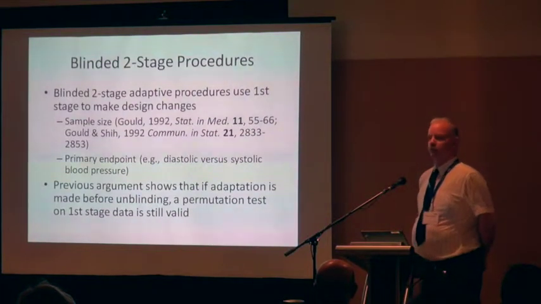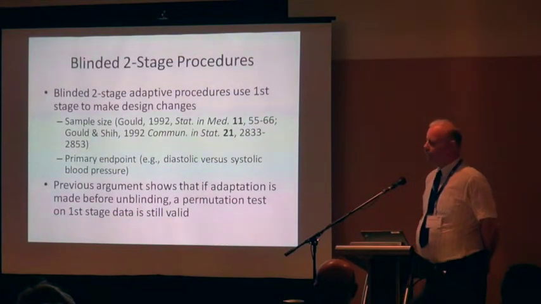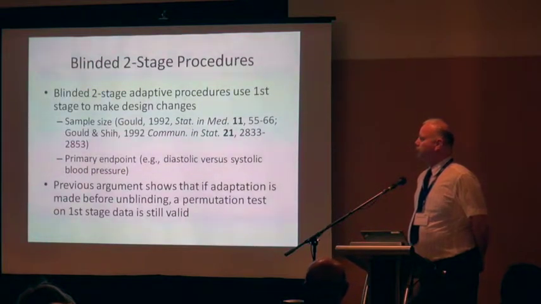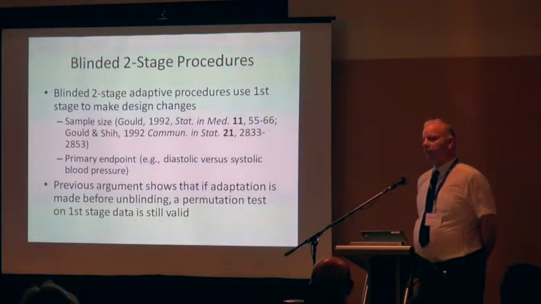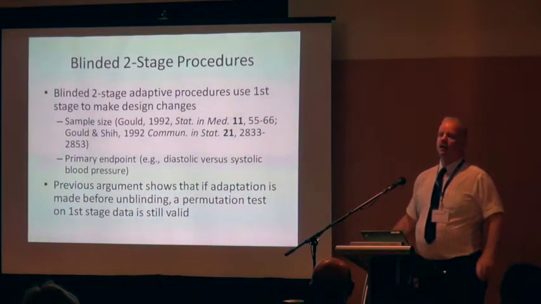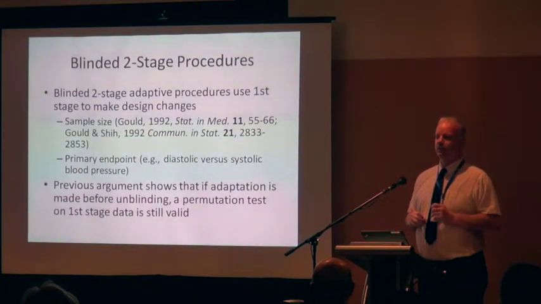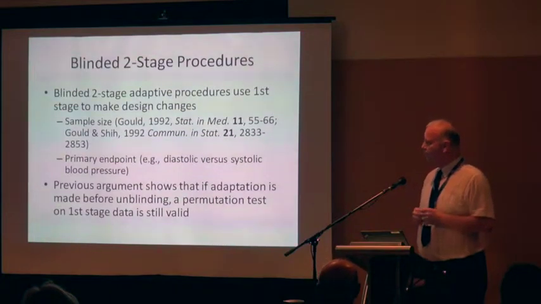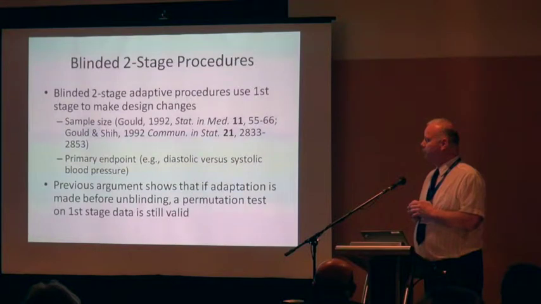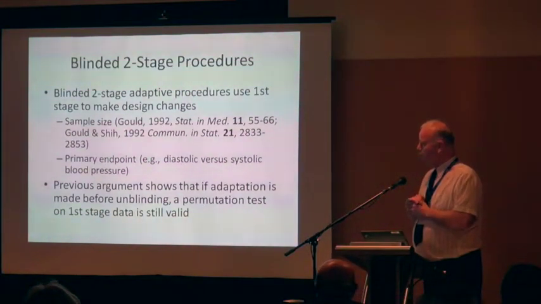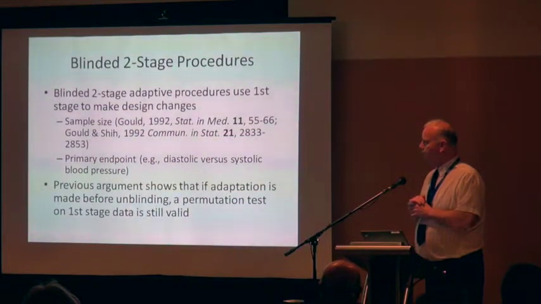The classic example would be to change the sample size, and those methods go way back to 1992 at least with Gould and Shih. But you could even do something more drastic. Of course, the fact that you can do something more drastic doesn't mean you should do it. But you could even change the primary endpoint on the basis of the first stage data.